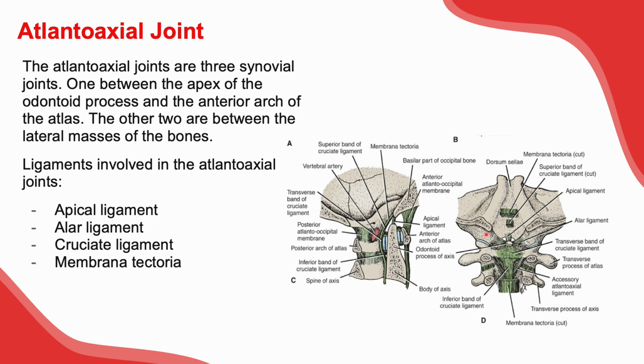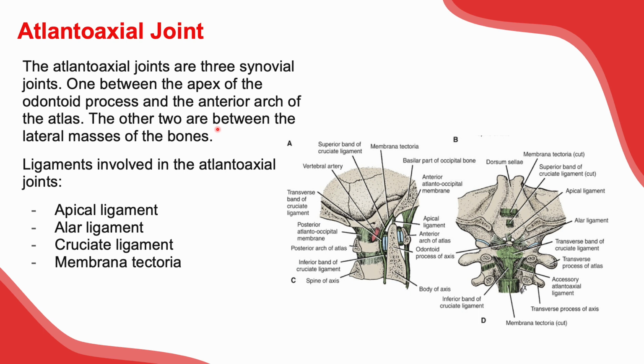We also have the cruciate ligament, and we have the membrana tectoria, which is right here, and it is cut. And here it is shown, the membrana tectoria. These all help in stabilizing the atlanto-axial joint.